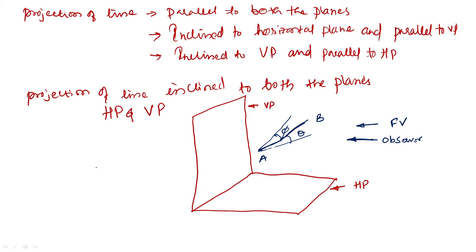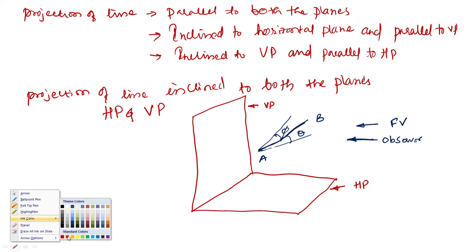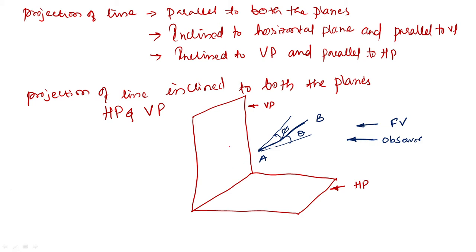Now the traces of this line are going to fall on this vertical plane. This is A dash and B dash.